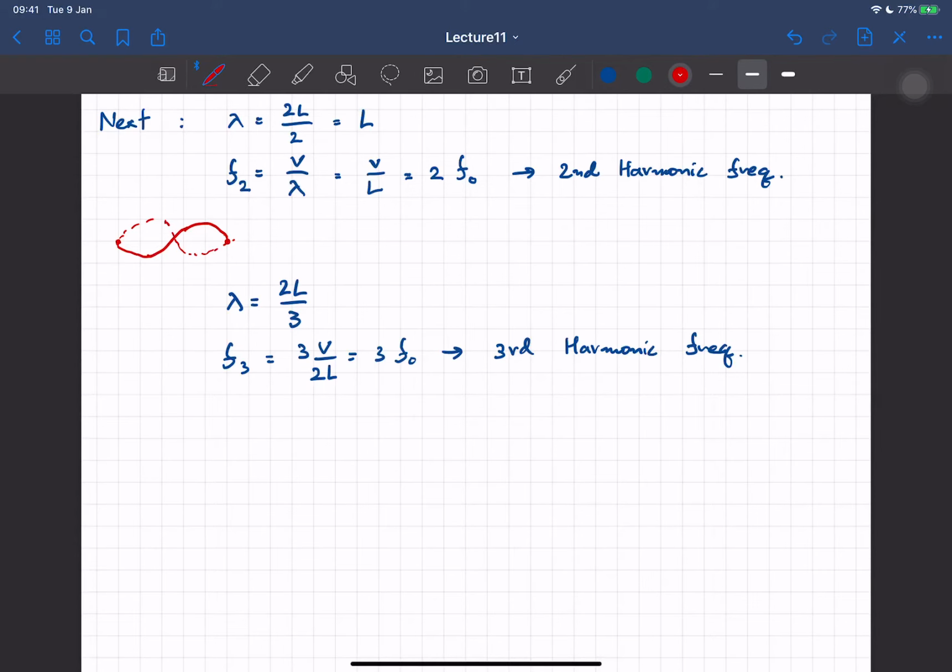And when you draw this, it's going to be 3 sections, because the wavelength is getting shorter, so somehow you have to fit that in. Something like this. And then you can just go on, f4, f5, f6, and so on and so forth.